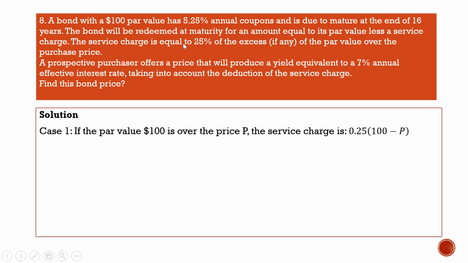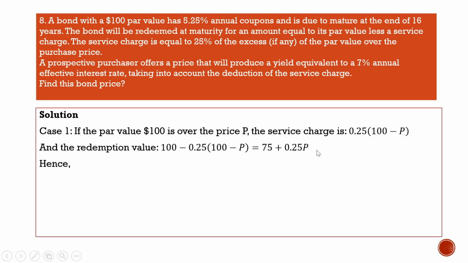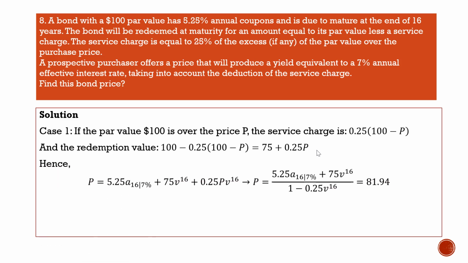That means the redemption value is deducted by a service charge. So the service charge here is 0.25 times the difference between the par value and the price. Since the par value is over the price, we have 0.25 times (100 minus P). So the redemption value is 100 minus the service charge, which derives into 75 plus 0.25P. Now we find the price of the bond.